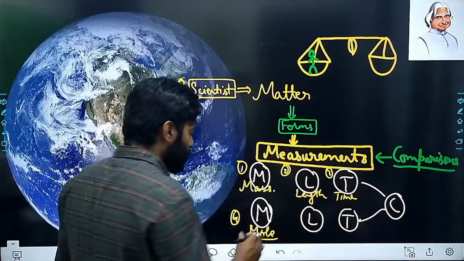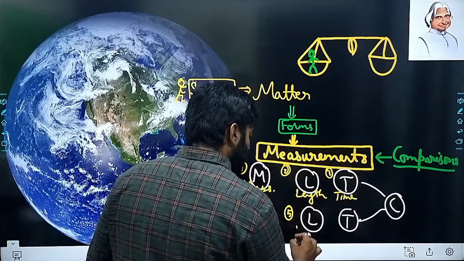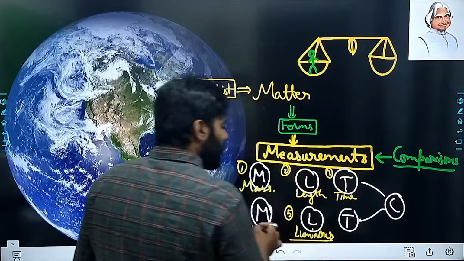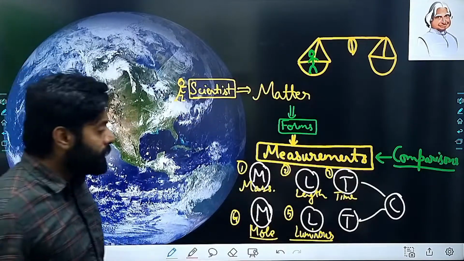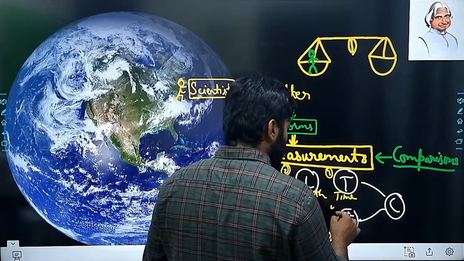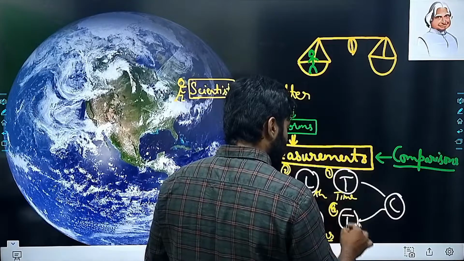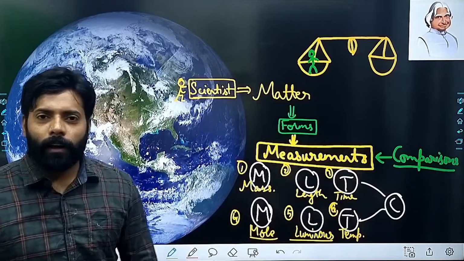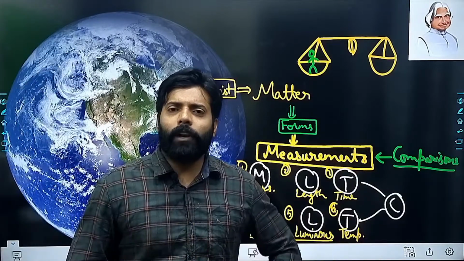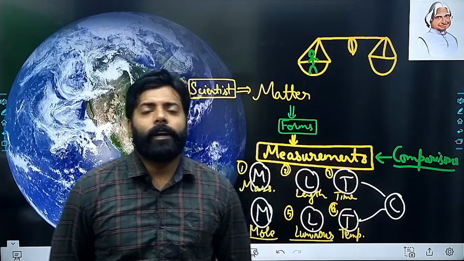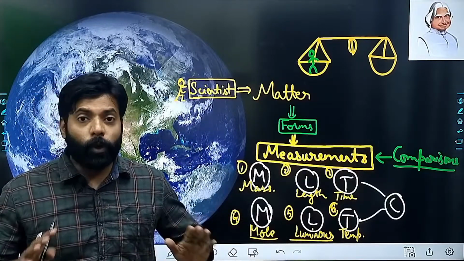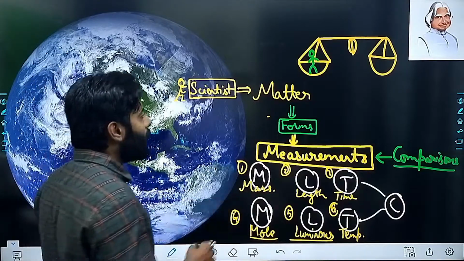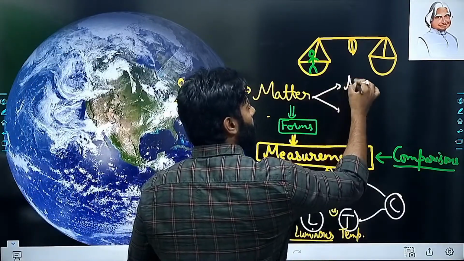This L is luminous intensity, and the 6th is temperature. Do you know, in school we generally say that matter is anything that has mass and occupies space, right?